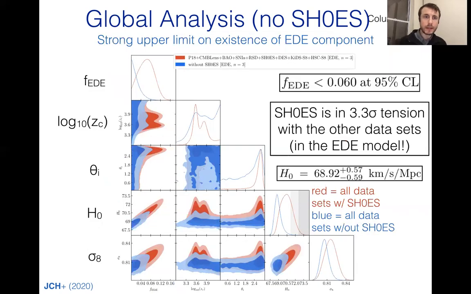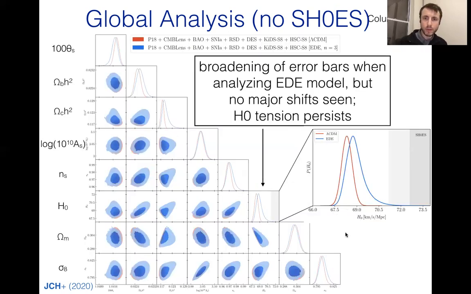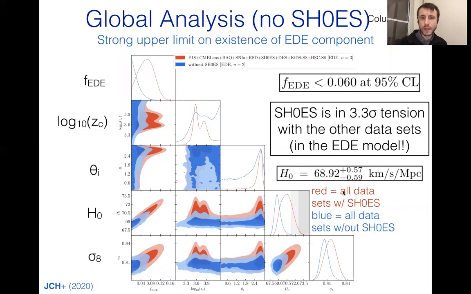So we can look at this in the context of the EDE parameters. Here, red is now showing the fit to all data sets, including SH0ES in the analysis, and blue is the fit to all data sets without SH0ES. The blue is what was shown here as well. If you don't include SH0ES, you just get an upper bound of f_EDE less than 0.06.